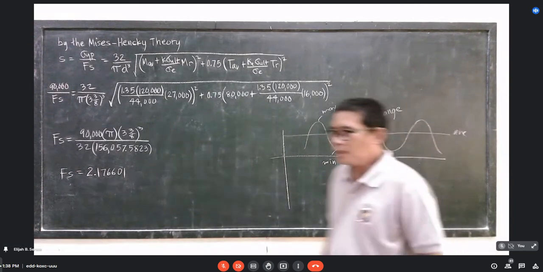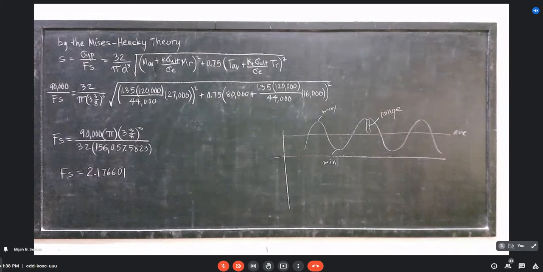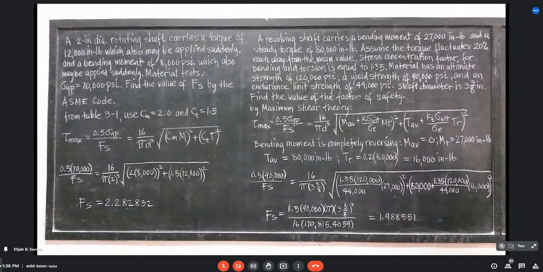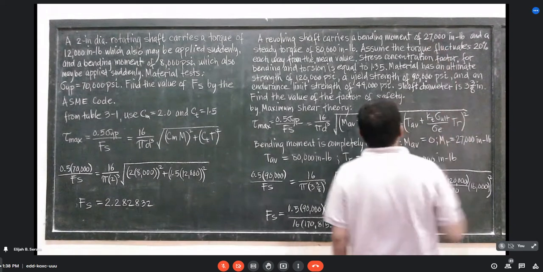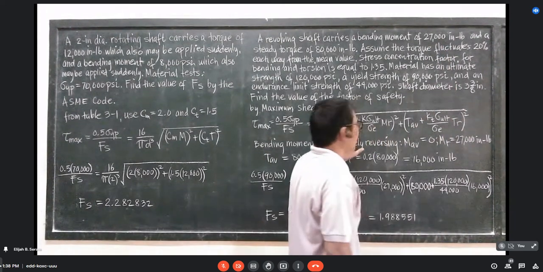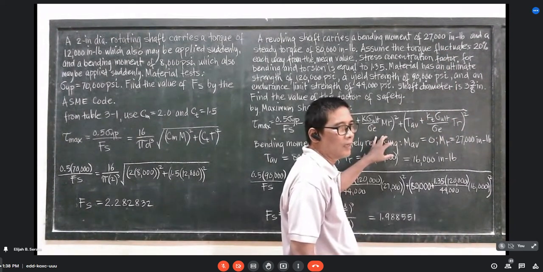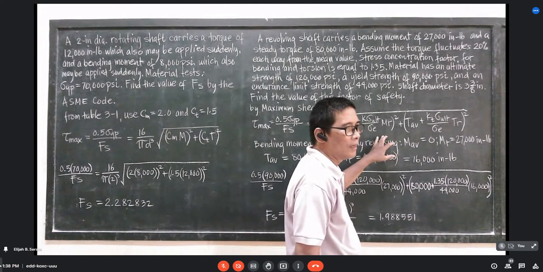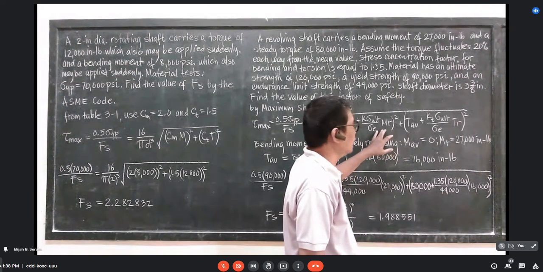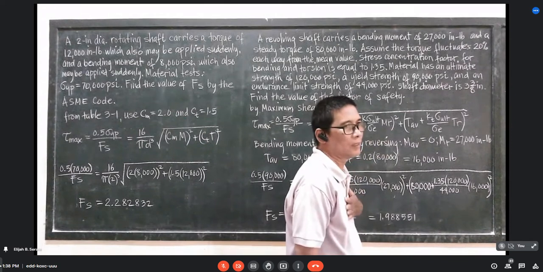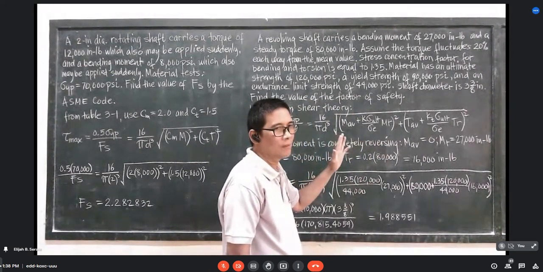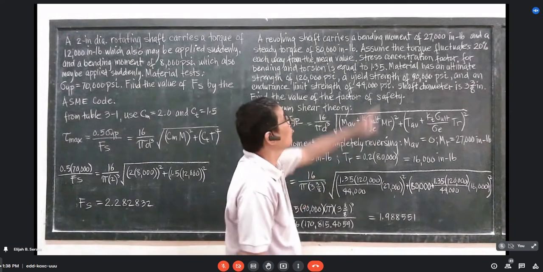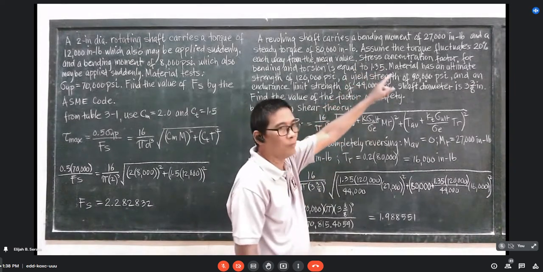So going back to the 27,000, according to our definition of average and range, it is supposed to be average. That is the average bending moment.